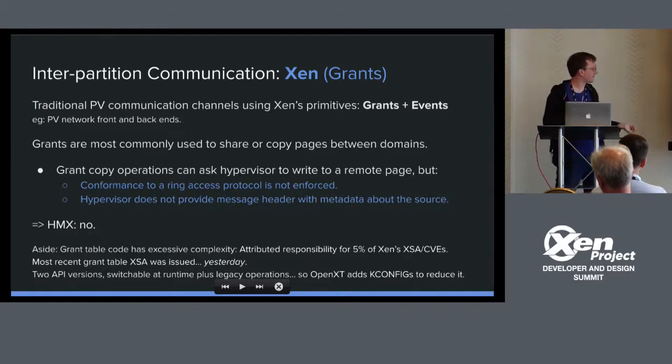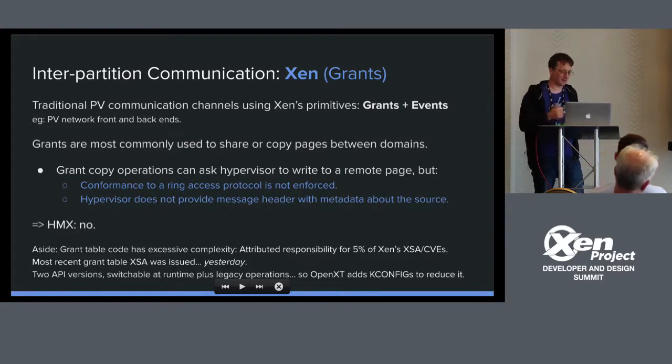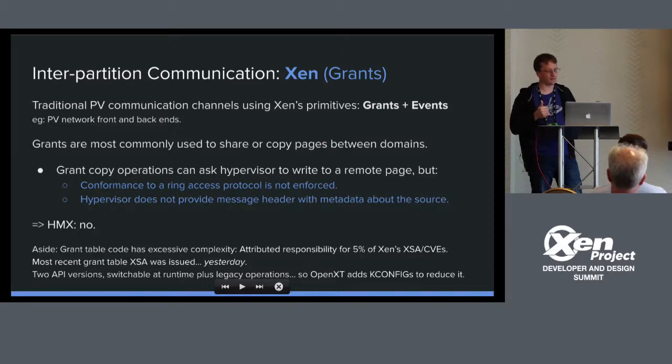Another aspect, while we're talking about grants, is that the grant table code has accumulated quite a lot of cruft over the time that it has been in use. It was written by me originally, and as the Xen community learned more about performance or the types of primitives that would be wanted in order to support the PV drivers, different sub-operations were added, and it's quite an extended set of operations in the grant table code, some of which are not in use by modern PV drivers.